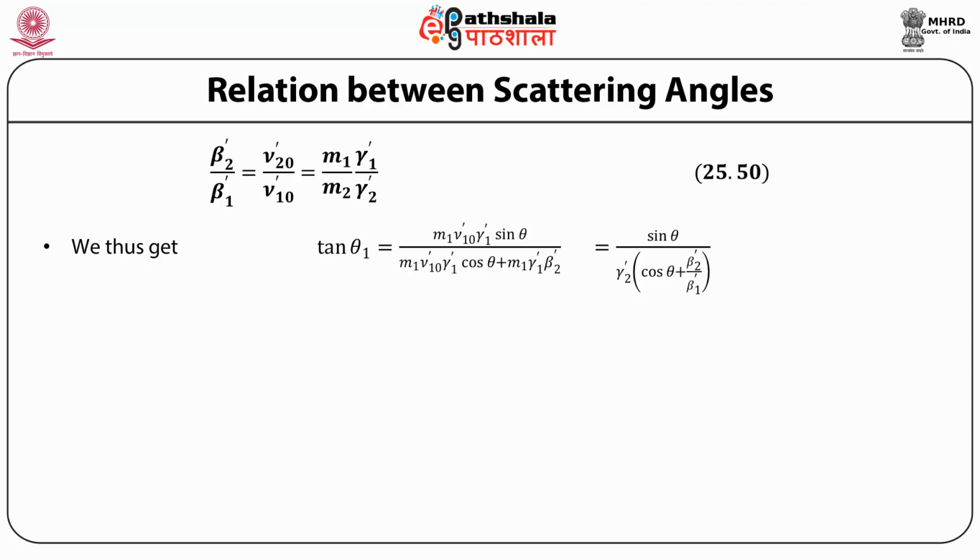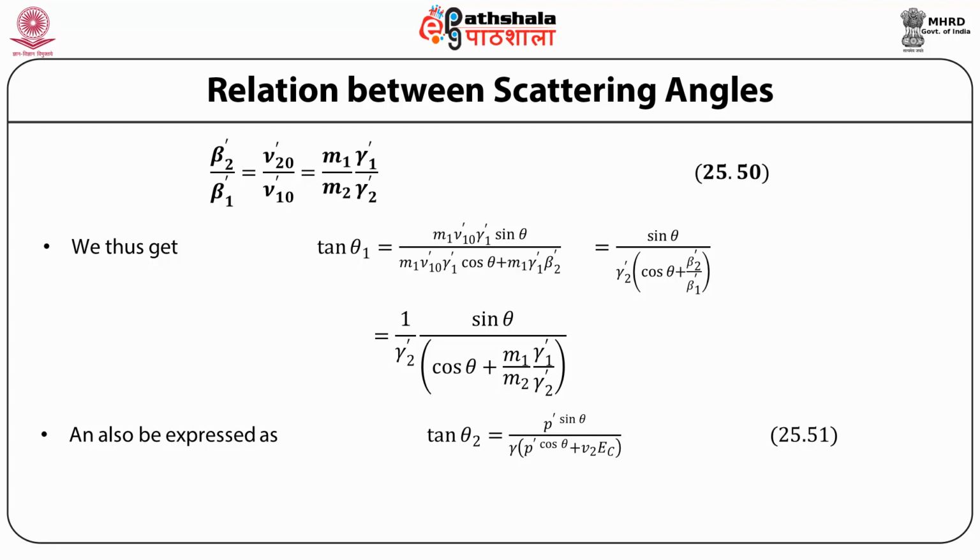We thus get tan theta 1 equal to M1 into V10 prime into gamma 1 prime into sin theta, divided by M1 into V10 prime into gamma 1 prime into cos theta plus M1 into gamma 1 prime into beta 2 prime. This is equal to sin theta divided by gamma 2 prime into (cos theta plus beta 2 prime by beta 1 prime), which is equal to 1 by gamma 2 prime into sin theta divided by (cos theta plus M1 by M2 into gamma 1 prime by gamma 2 prime).